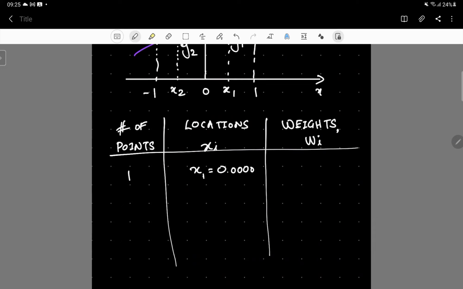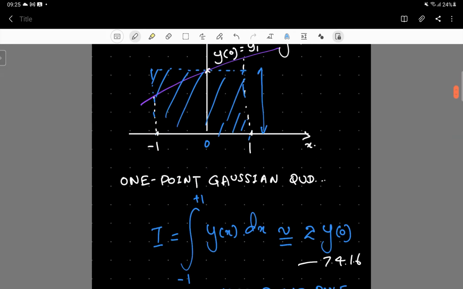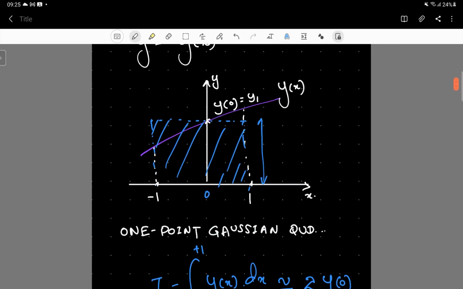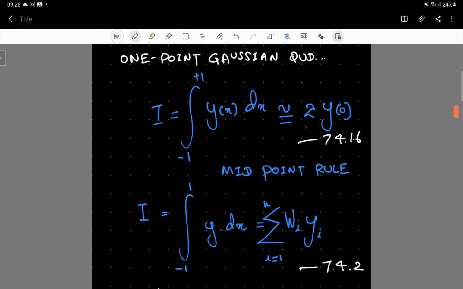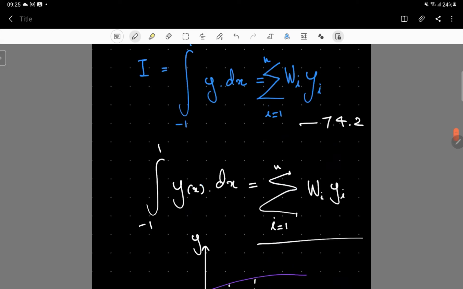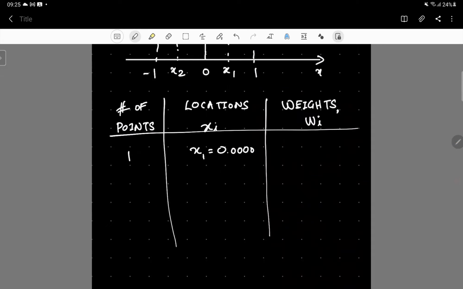The corresponding weight factor is 2, if you can remember. You can see 2 is multiplied by y at 0. So x1 corresponds to 0, and the weight factor is 2.